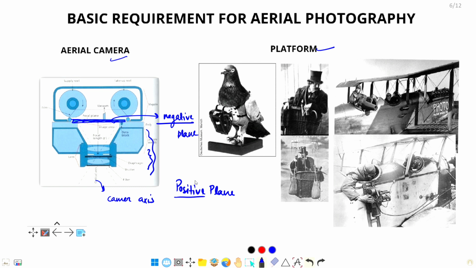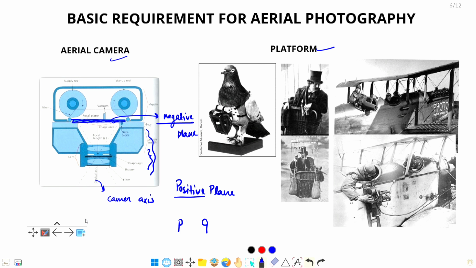You will see that the images are blurred, and if you compare the negative image to the positive image, you will see that the images are mirror images. Means if the image is like this in the positive photo, then it will be like this in the negative photo. So just have a look if you have negatives in your house.